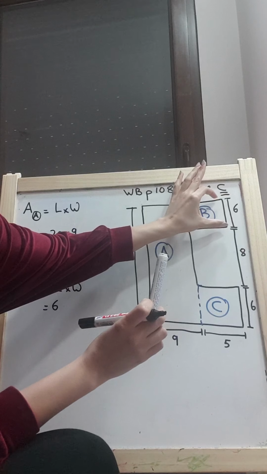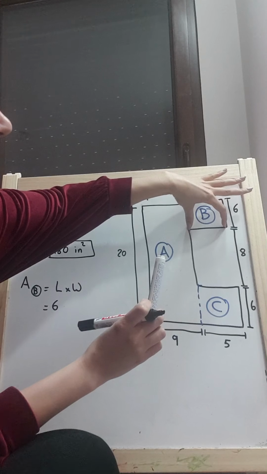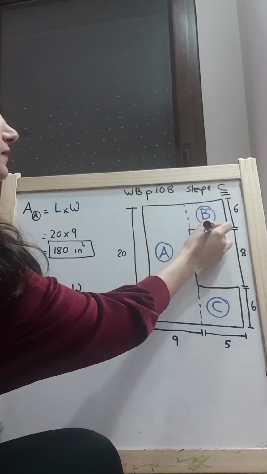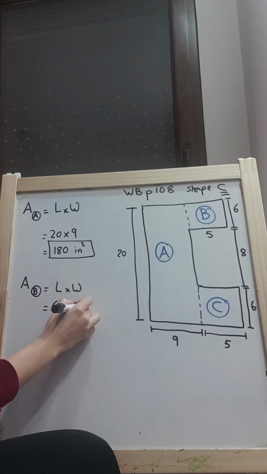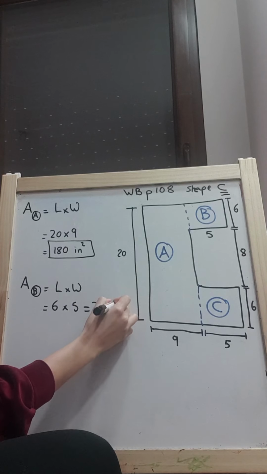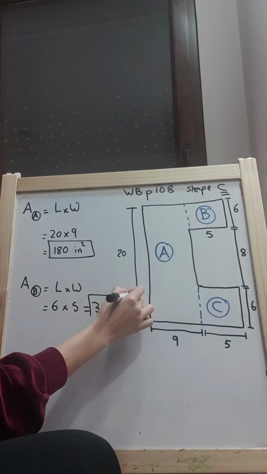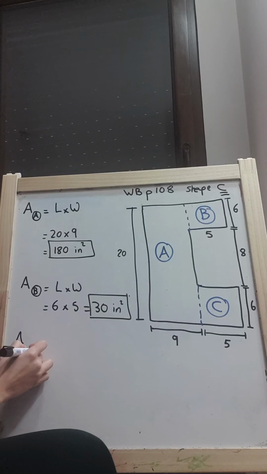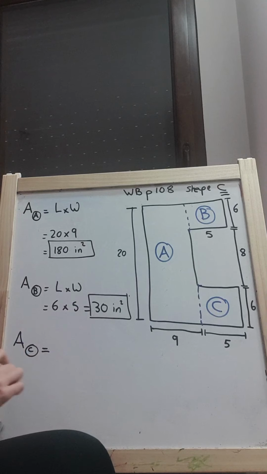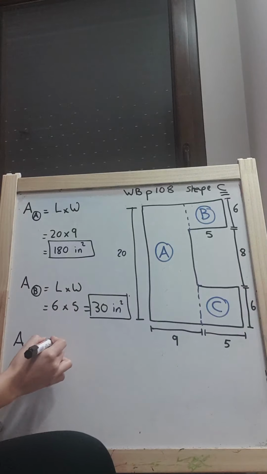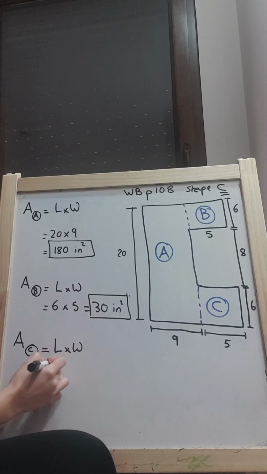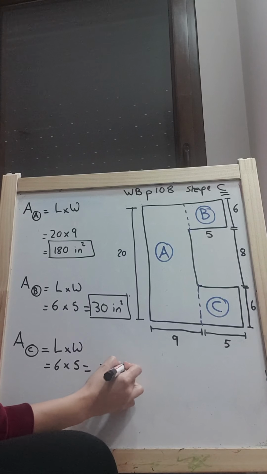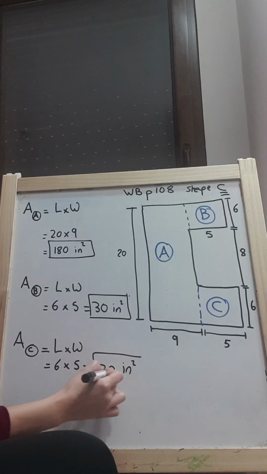The length is 6, the width is 5, right? 6 times 5 is 30 inches squared. Now, area C, length is 6, width is 5. So again, 6 times 5 is 30 inches squared.